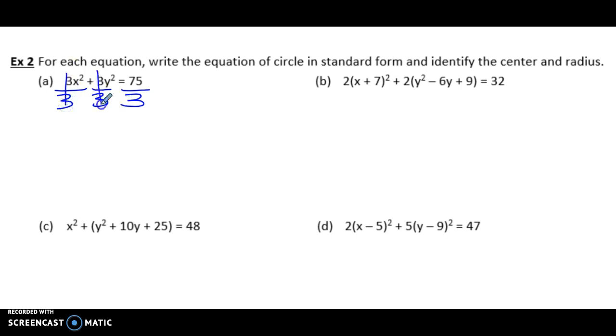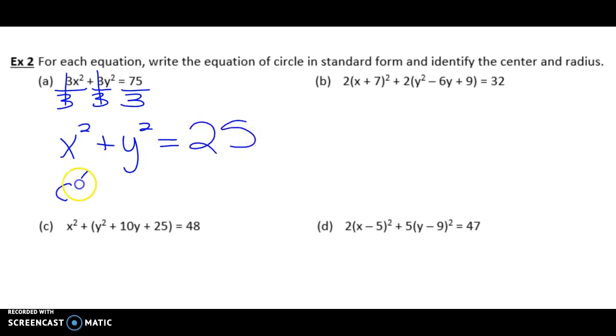So all the 3's cancel, which leaves me with x squared plus y squared equals 25. Now it should be pretty obvious that the x, y are by themselves. What's the center? (0, 0). And the radius is 5. So we're just practicing getting it back to standard form and then finding the center and the radius.